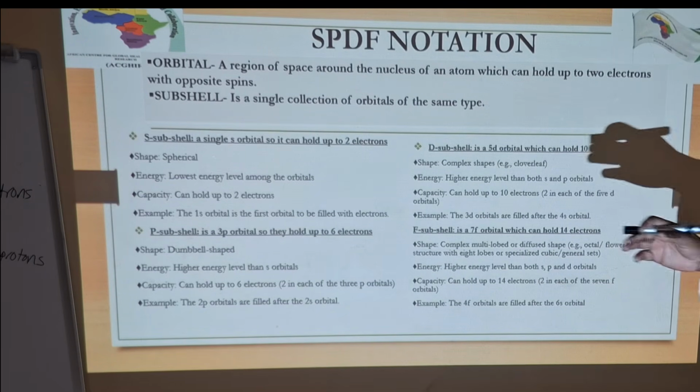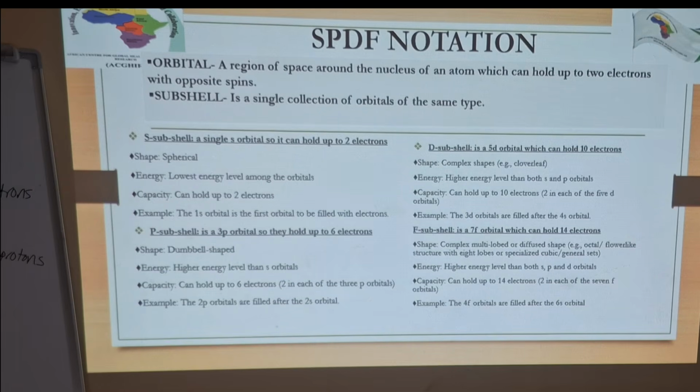Right. We look at the f subshell, which has 7 f orbitals and can hold 14 electrons. The shape is complex, which can be multi-lobed or diffuse, like a flower-like structure with 8 lobes.